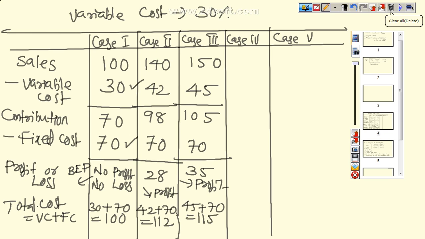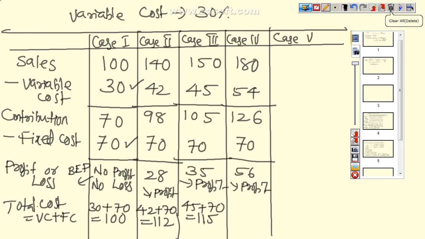Now case 4, sale 180, variable cost 54. Here 126 is my contribution. 70 I have to deduct in order to calculate profit or loss. Here 56 is my profit.